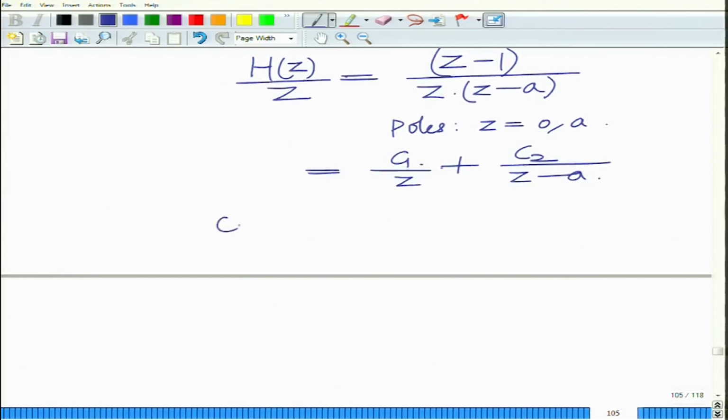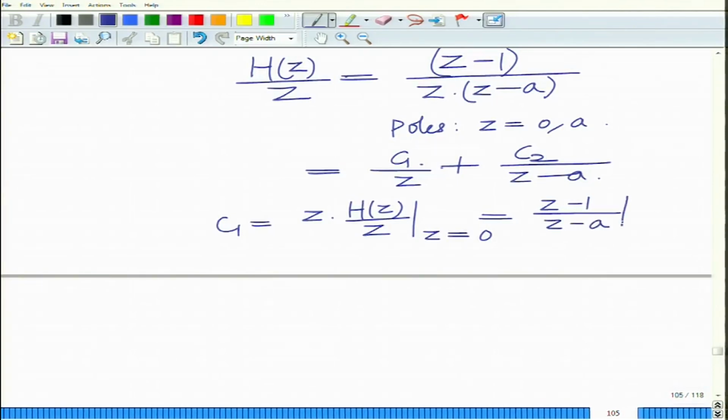Now, the coefficient C1 corresponding to z is C1 equals z times H(z)/z evaluated at z equal to 0, which is basically (z minus 1) over (z minus a) evaluated at z equal to 0, which is basically 1 over a.